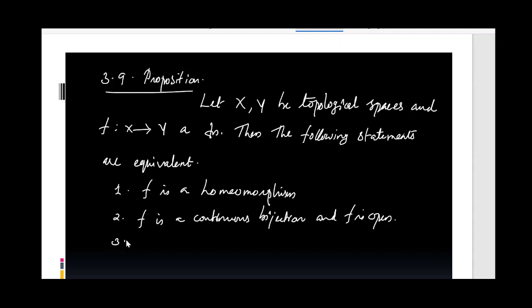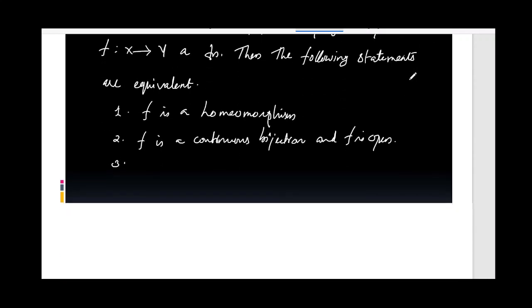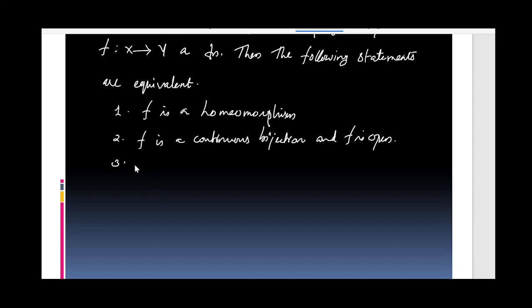Third one, f is a bijection and f inverse is an open map.